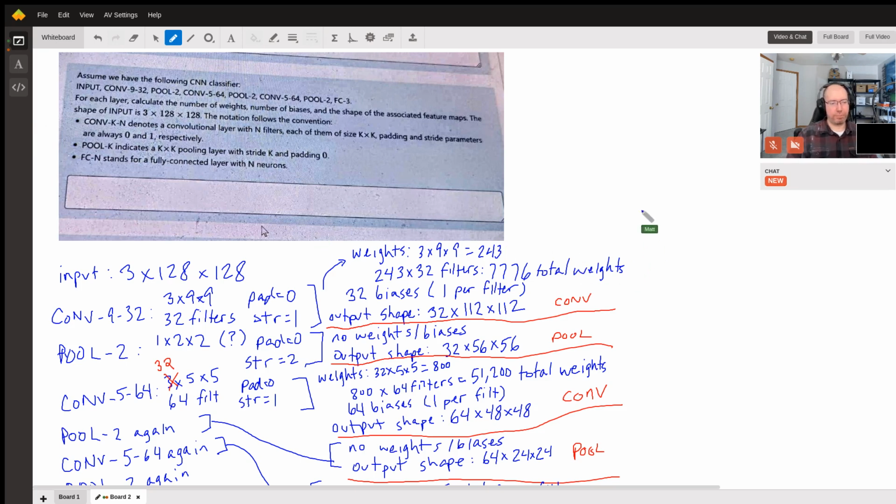All right, so our pool 2, our last pool 2. Okay, so for pool 2, again, no weights or biases, because those don't have weights and biases.